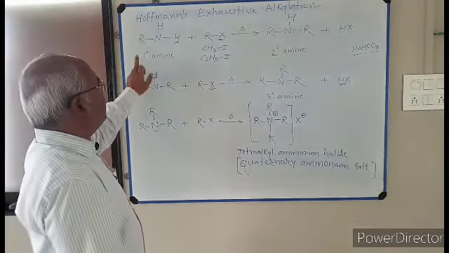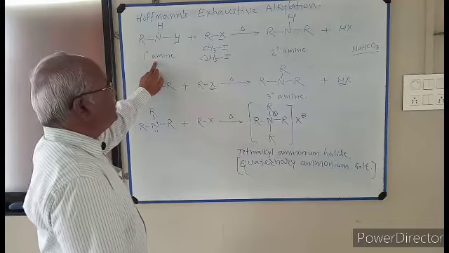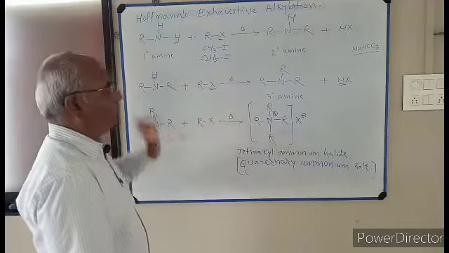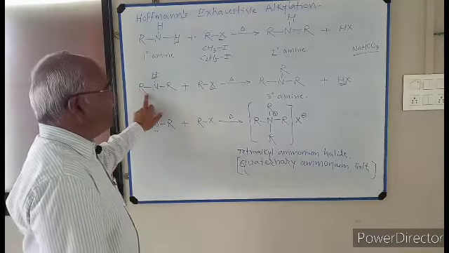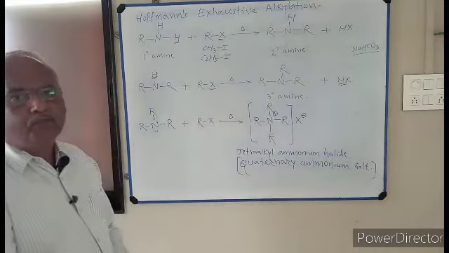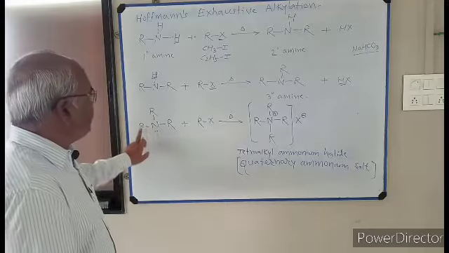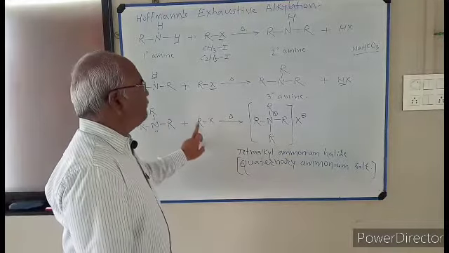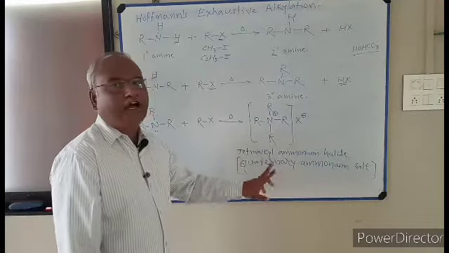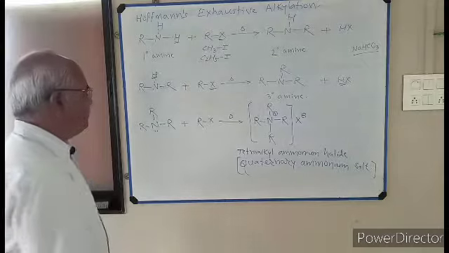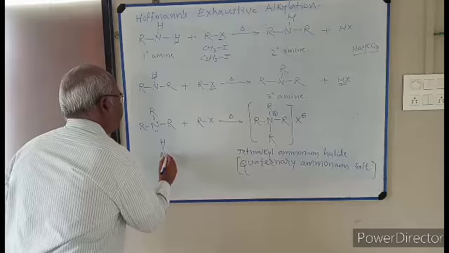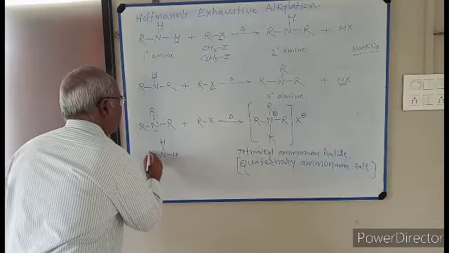In this reaction, a primary amine consumes 3 molecules of alkyl halide, a secondary amine consumes 2 molecules, and a tertiary amine consumes only 1 molecule of alkyl halide to form a quaternary ammonium salt. Remember, these quaternary ammonium salts are derivatives of ammonium salt.